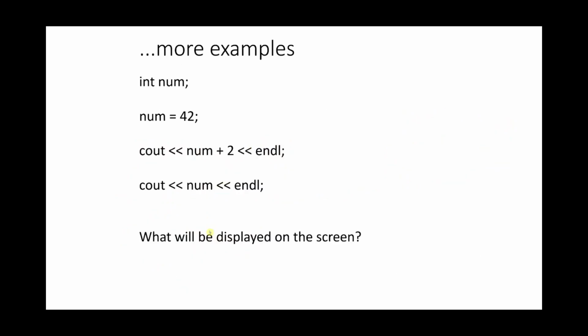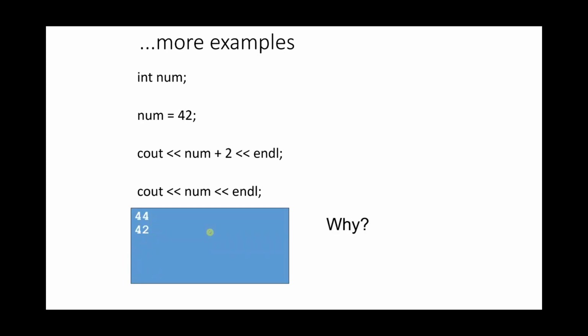So if we have this int num, then num equal 42, cout num plus 2, cout num, what will be displayed on the screen? Yes, 44, then 42. Why? Because this is adding 2 to the num, and then that vanishes. We printed 44 on the screen, then that vanishes. Then num, we haven't modified num, so it's going to stay 42.